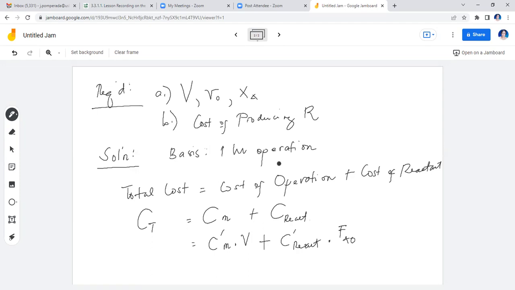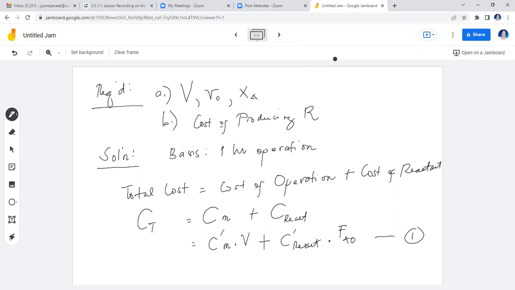Since we have a basis of 1 hour operation, these are all having units of dollars, referring to the first and the second term. Now, do you have any question here? Okay, I think there's none. So that's our first equation.